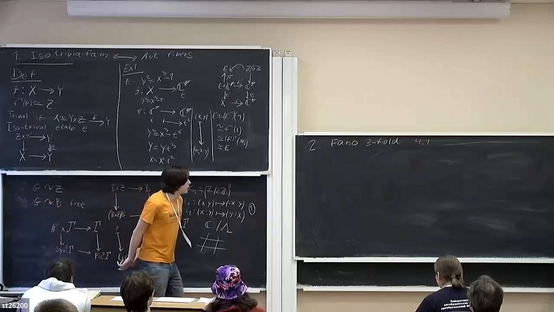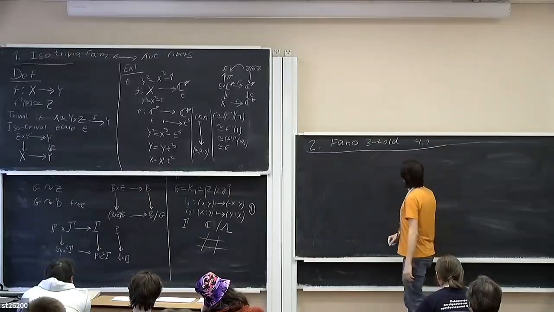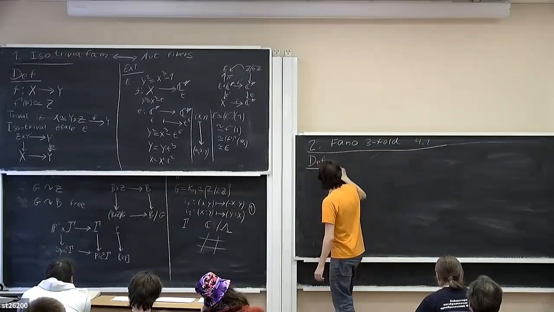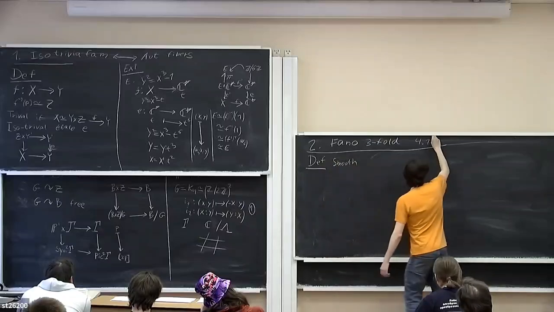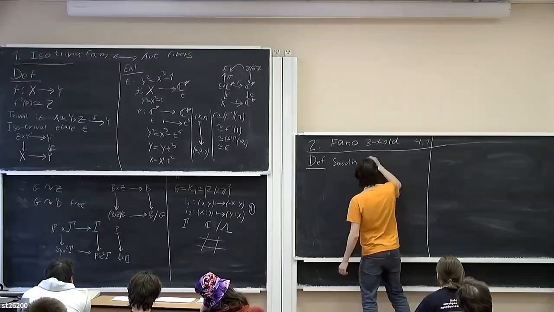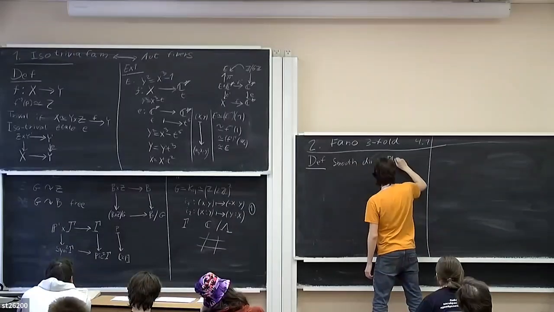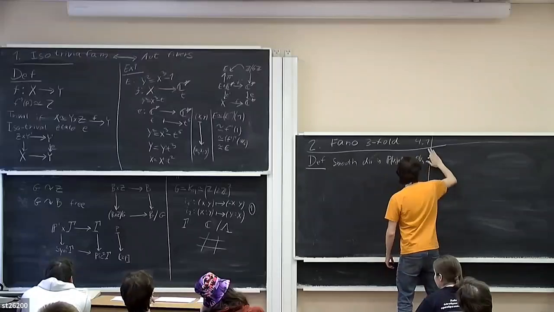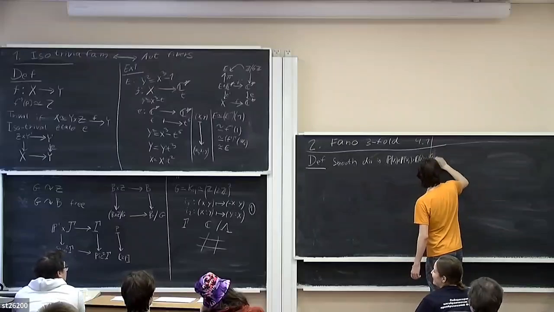So the second part of this talk. Let me first define what the Fano threefolds of type 4-1 are. So we take a smooth divisor in P(V1) times P(V2) times P(V3) times P(V4).